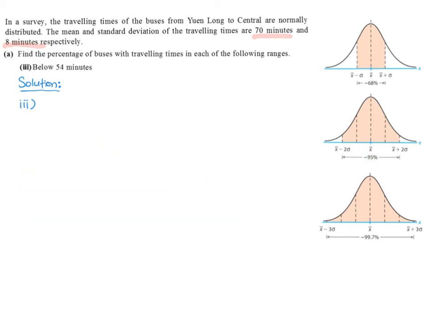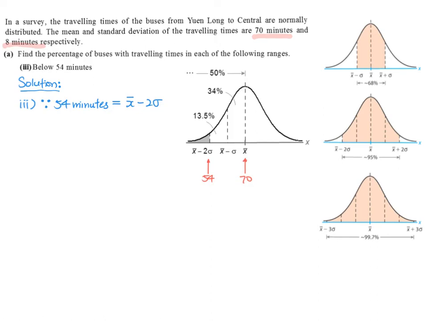So what about the percentage corresponding to below 54 minutes? We remember that 54 is actually 2 standard deviations below the mean. But this time we want this part, this tail of it. So 54 is right here, 70 is right here. In order to get this tail, we want to take half of the whole thing, which is 50% due to symmetry, and subtract this portion.